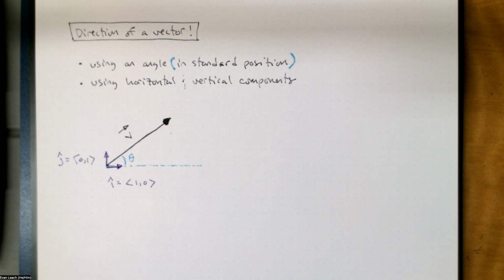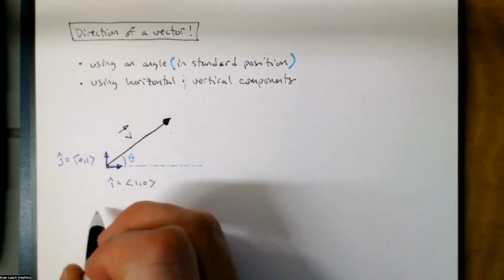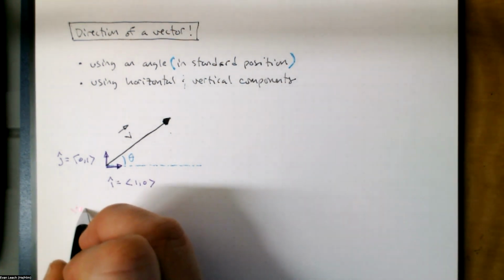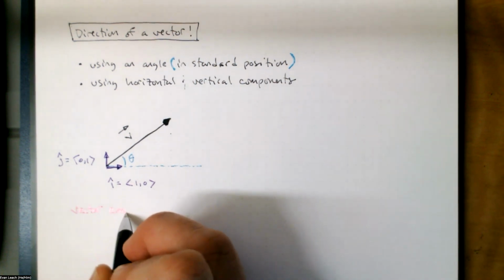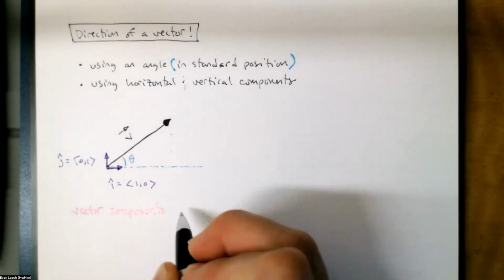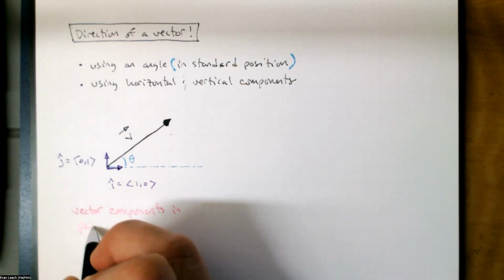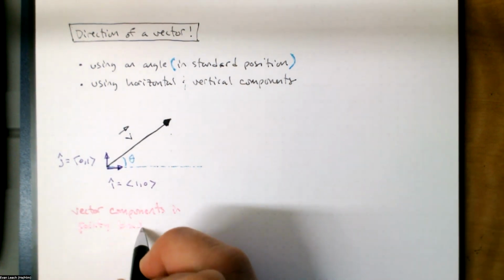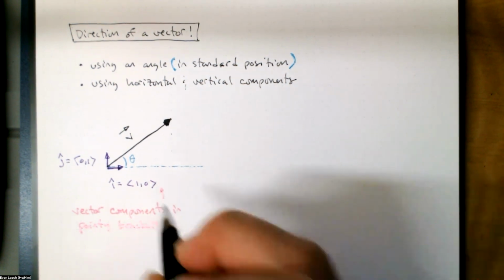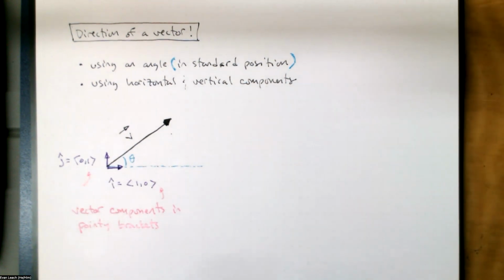When we write down a vector, we want to distinguish this from a point or an interval, so we put it in pointy brackets. So we write vector components in pointy brackets. When we're writing a vector and we're just going to list the components, we put that in pointy brackets.